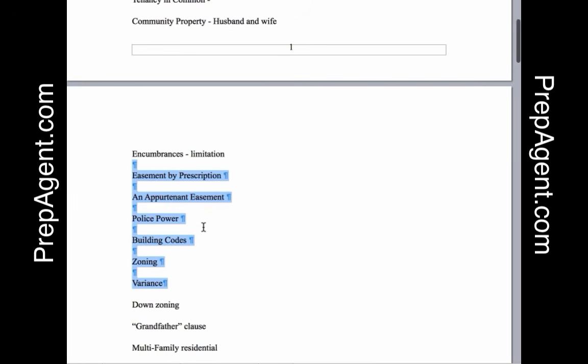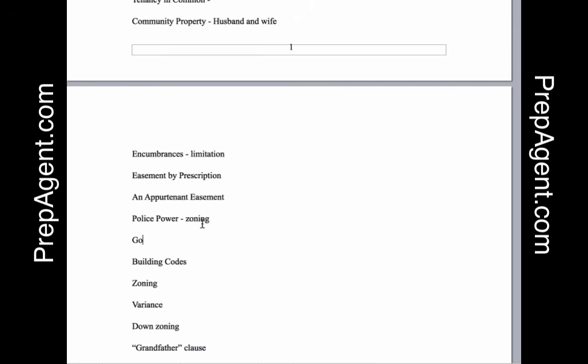Okay, police power. That's all about keeping people safe. Good, the general welfare. Can you give an example of police power? Zoning. Good. A police power is a government power, correct? Correct. Let's write that in. What are the government powers?